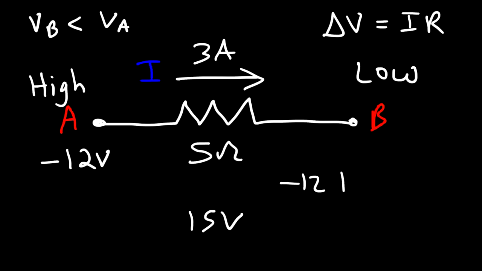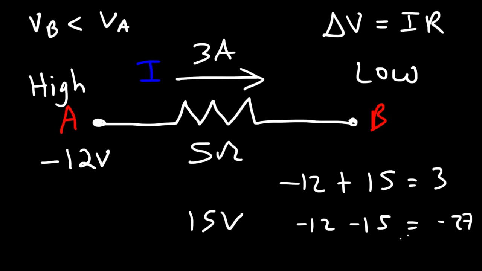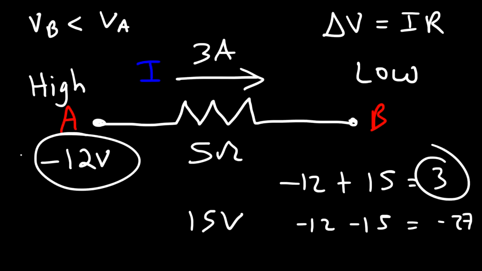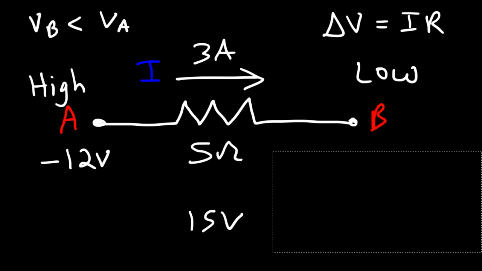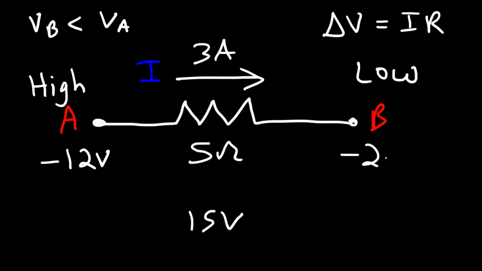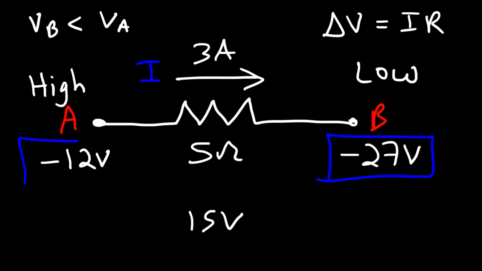Will our answer be negative 12 plus 15 or negative 12 minus 15? If we add 15, that will give us 3. If we subtract 15, it will give us negative 27. Now, on a number line, 3 is greater than negative 12, so it can't be 3. Therefore, the electric potential at point B has to be negative 27 volts because it's lower than negative 12 on a number line.